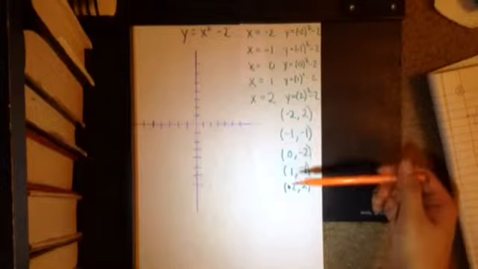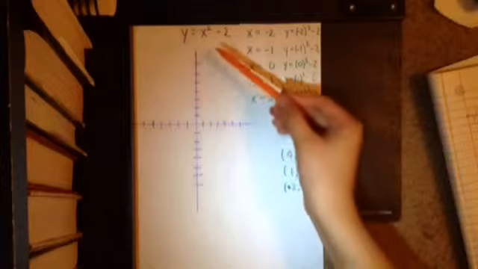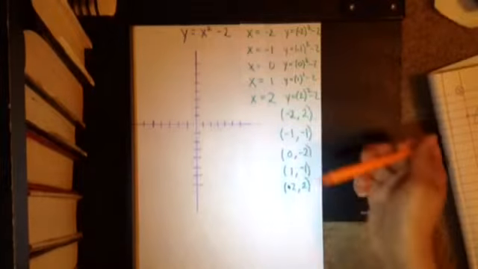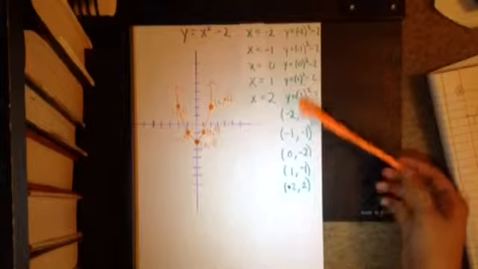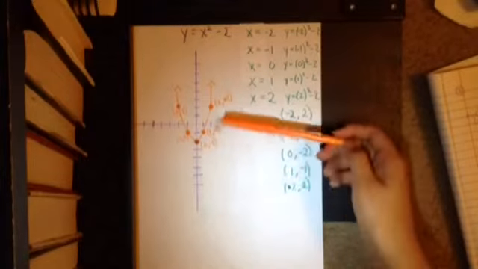And again, we're going to plot these points in order to get the graph of x squared minus 2. So now that we have our equation graphed, we're going to figure out the x and y intercepts, and we're going to figure out if the graph has symmetry.